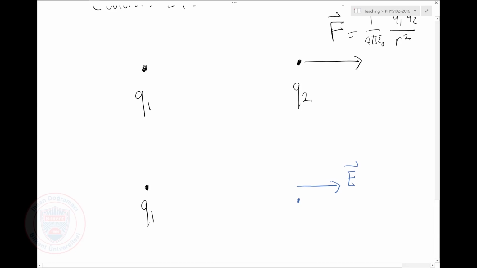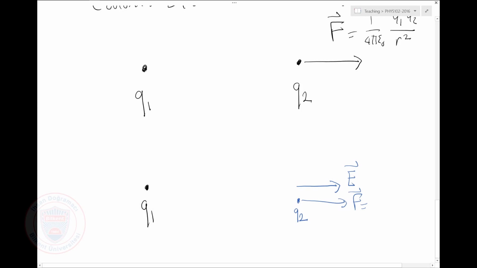We can actually see how fast the electric field learns about the motion of the charge. But right now, we're making a philosophical leap. We're saying, even if there are no charges around, a single charge in space creates a new field at each point in space. Now, if I put Q2 here, Q2 does feel the same force.